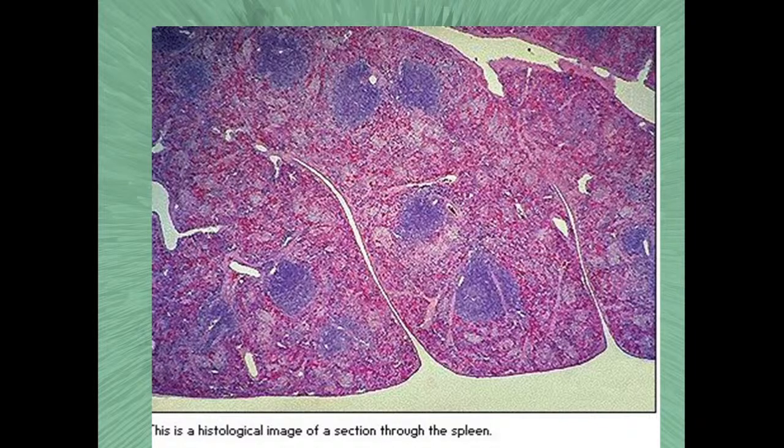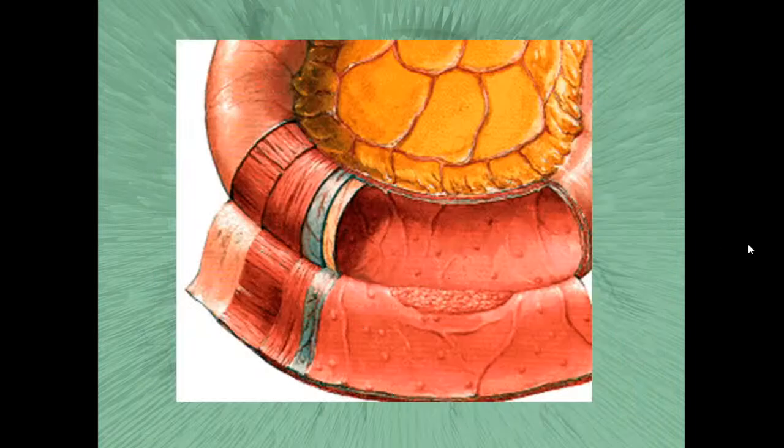The differentiation of lymphocytes also takes place in the white pulp of the spleen, and you can see here the lymphoid follicles. Lymphoid tissue, as you remember, is nicely present in the walls of the gastrointestinal tract and represented by the solitary lymphoid follicles and also by the aggregated lymphoid follicles or Peyer's patches.